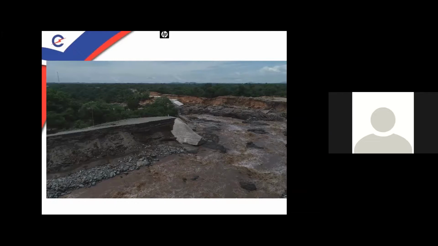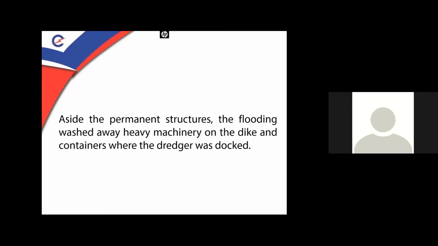So even the fuse plug, which was designed to wash away, because of the severity of the storm this time around, washed away, but it also affected the actual dam structure. So the plan is that we do the restoration quickly, and then while we do that, we redesign, so that we can construct a dam that can withstand future cyclones.